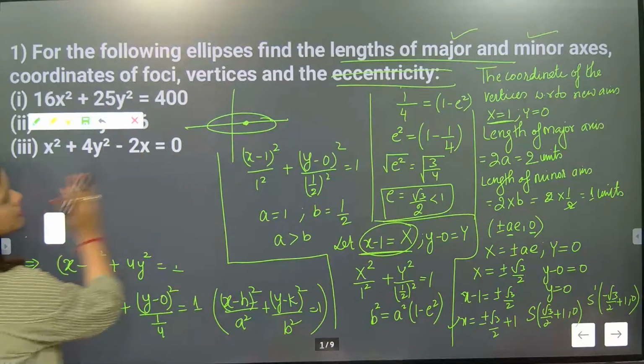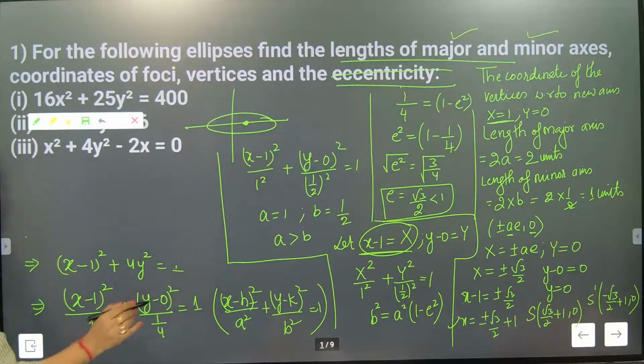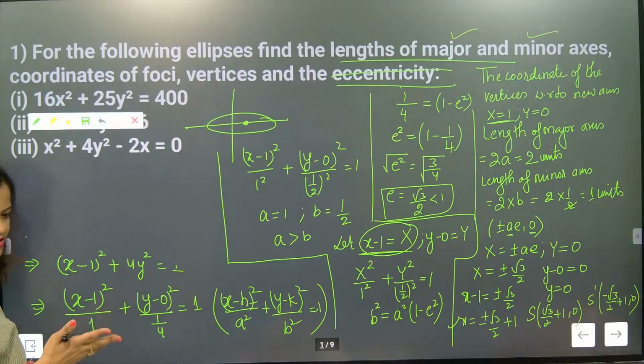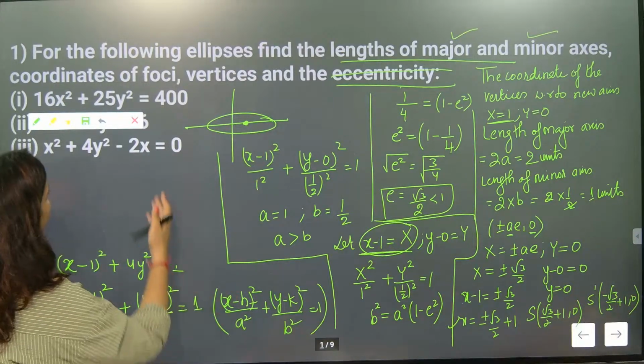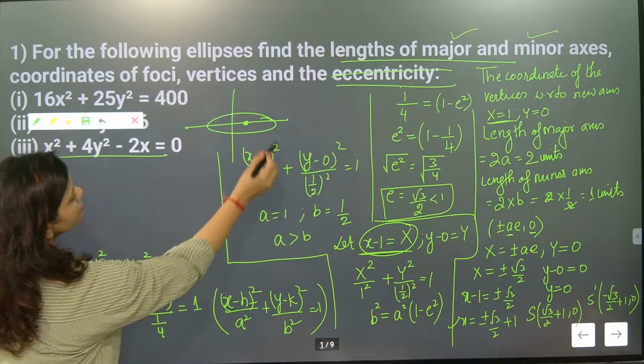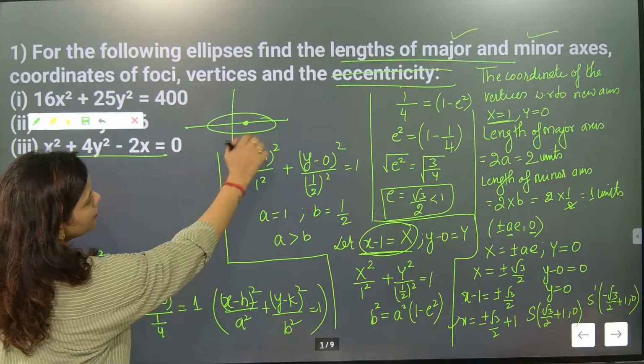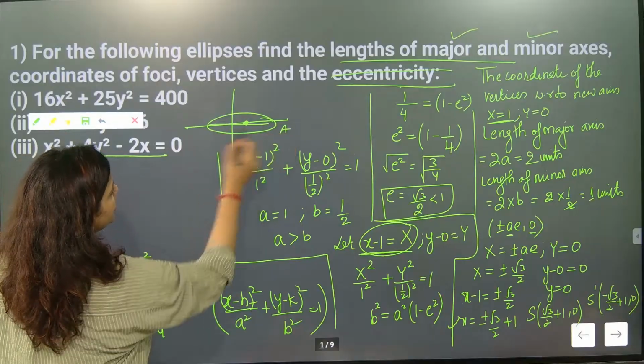The vertex is not at all tough, because we know that the major axis of the ellipse is resting on the x-axis. So this section is coming, and we are going to write this vertex point as A dash.